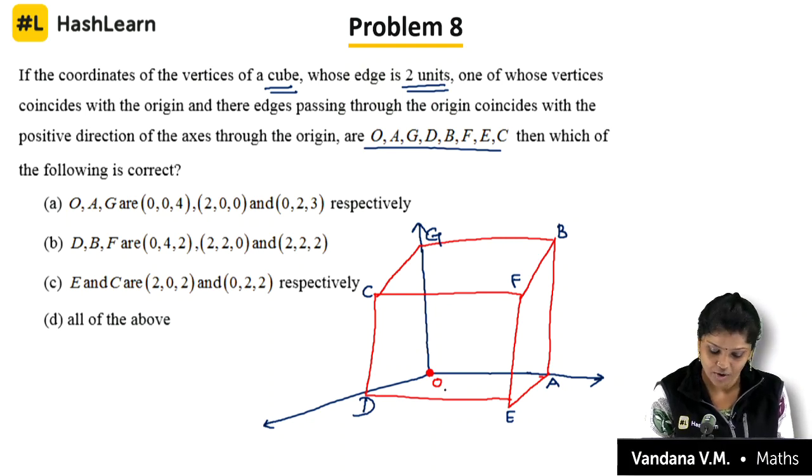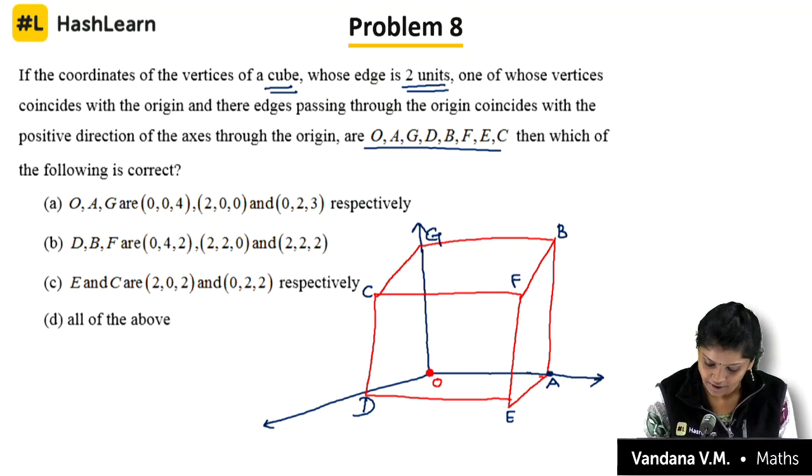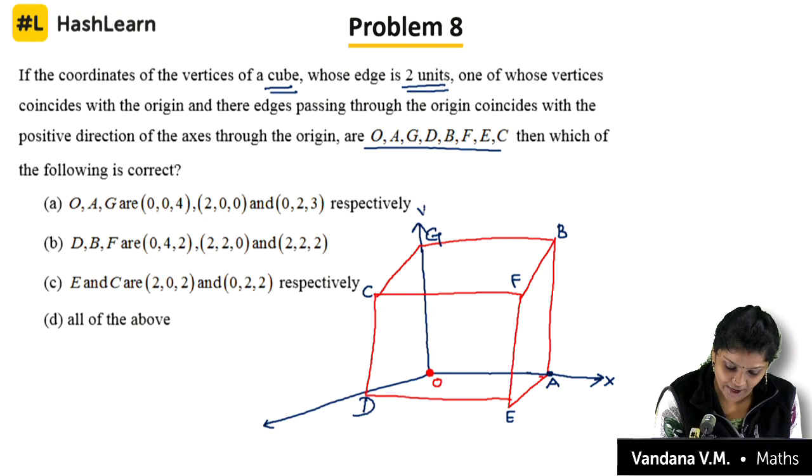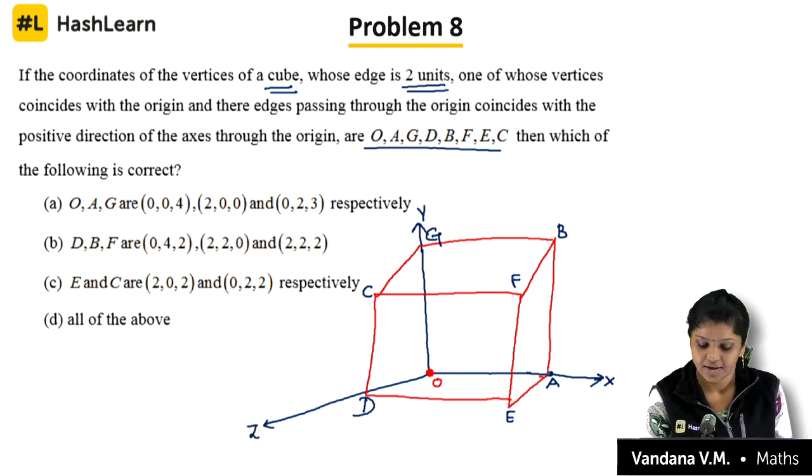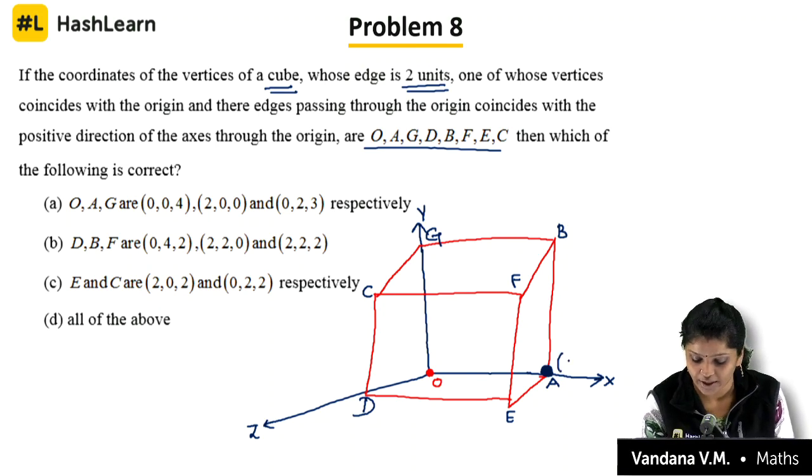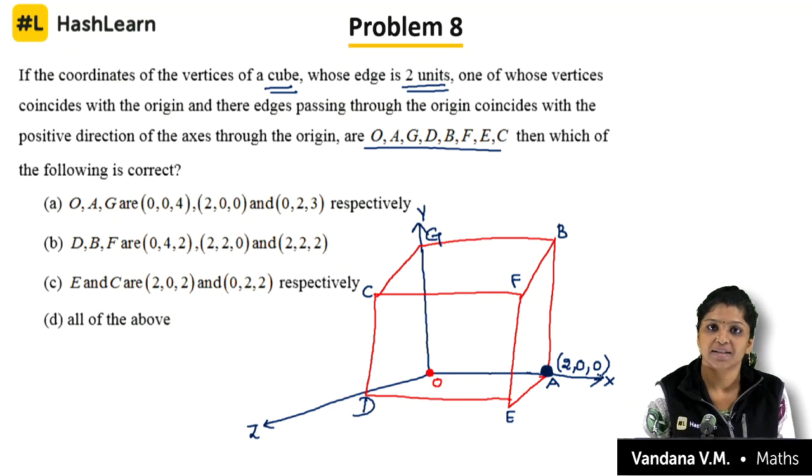Clearly you can make out O is 0, 0, 0. Now A is on x axis, right? So this is x axis, this is y axis, this is z axis. If it is on the x axis, how will you write the coordinate points? 2, 0, 0. Isn't it?